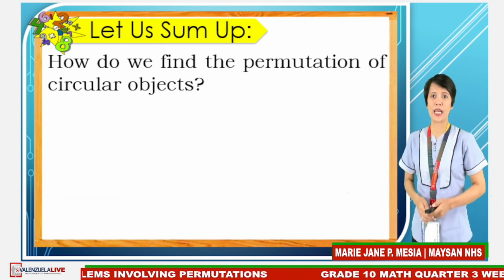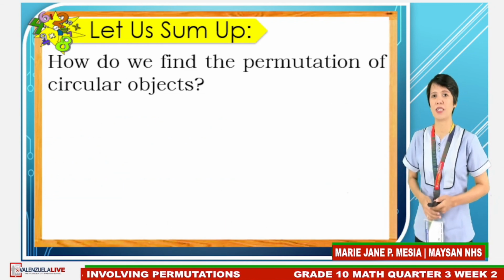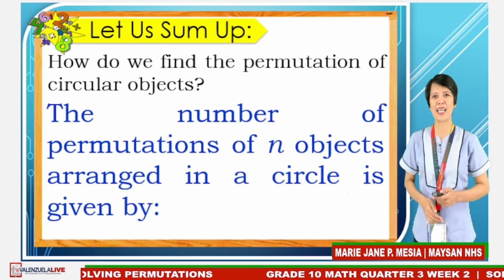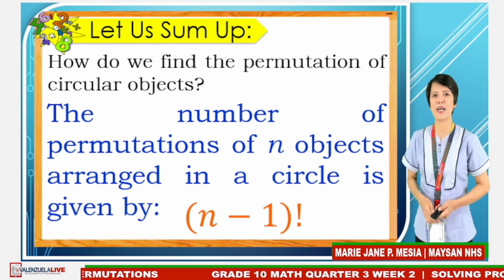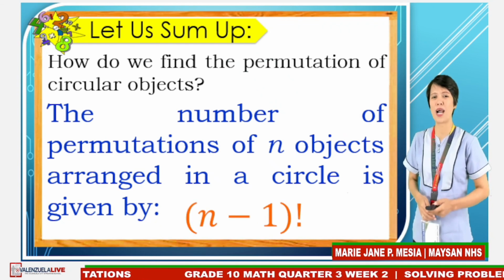How do we find the permutation of circular objects? The number of permutations of n objects arranged in a circle is given by the quantity of n minus 1 factorial.